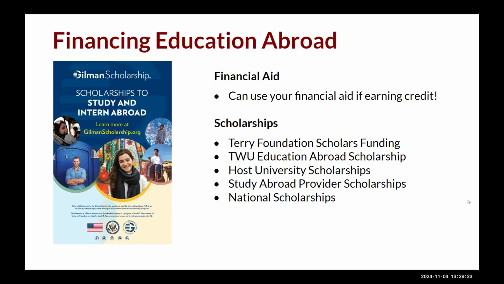There's also the Fund for Education Abroad Scholarship, which is another $5,000. Host universities sometimes have scholarships. So say you choose a university, some of them have scholarships specifically for students who are coming from another country and studying abroad there. There are a lot of different scholarships available on our website to check out and apply for.